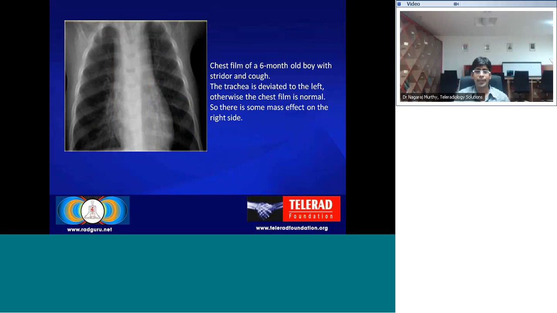The same radiogram in a 6-month-old child presented with stridor and cough. The trachea is slightly deviated to the left with mild compression and mass effect on the trachea. There is apparent widening of the superior mediastinum.